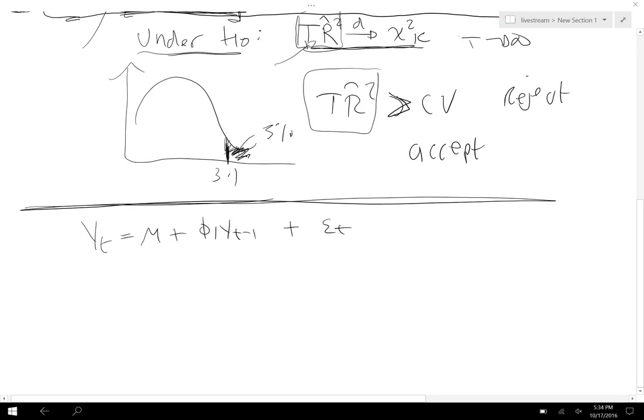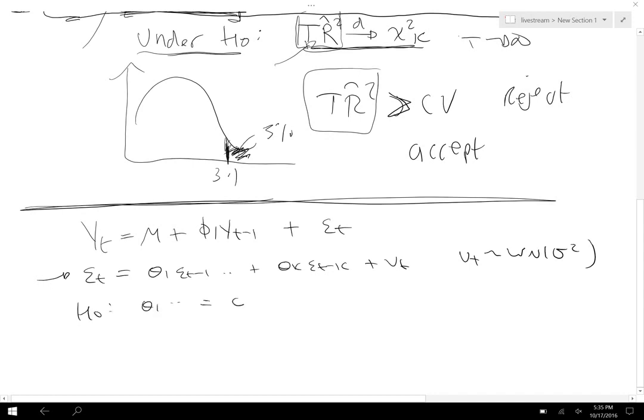We want to test that the errors are an AR(1), an AR(k), say, plus theta k epsilon t minus k plus v t, where v t is white noise with variance sigma squared. And again, the coefficient names don't matter here. We want to test that all these theta coefficients are naught, against the alternative that one of them doesn't equal naught.